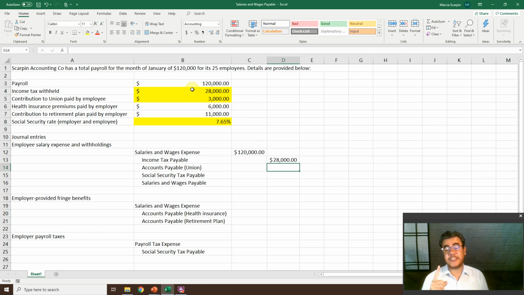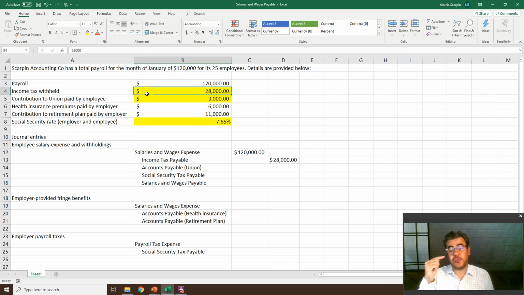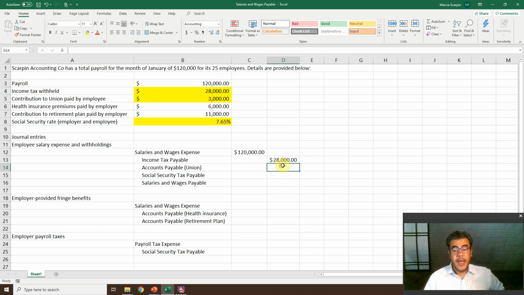Why income tax payable? Because the employee pays to their employer. That is why we are deducting here. And the employer pays to the state. So that is why we are talking about income tax payable here. Accounts payable for our union, the same.